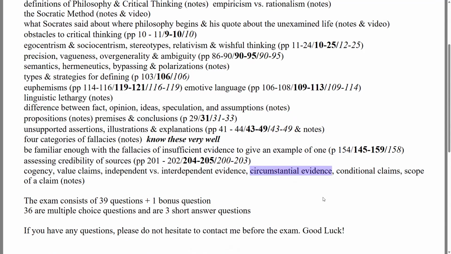But if we have 12 pieces of circumstantial evidence in an argument, and 9 of the 12 point to the same conclusion, that is pretty helpful evidence, even though it's circumstantial in nature. So it's not so much about the evidence being circumstantial, it's about how much of it exists and how similar it might be in where it's pointing.